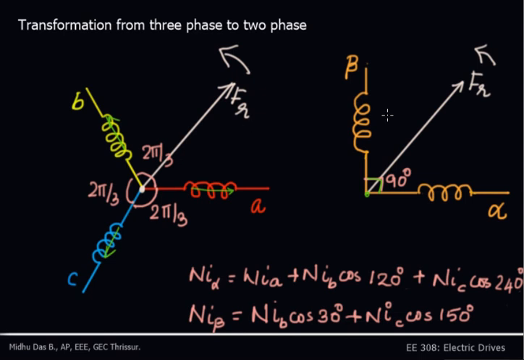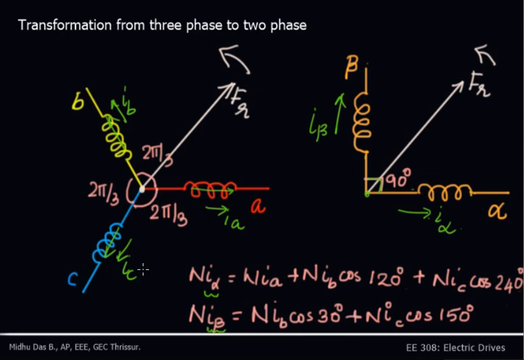So what is done here is we are considering a two-phase system with the same number of turns of windings, but we should find out what is the current through these windings. So we are calling these two the alpha and beta windings, alpha in the horizontal direction and beta in the vertical direction, and we are going to find the relation between the current I alpha flowing through this winding and I beta flowing through this winding in terms of IA, IB and IC.